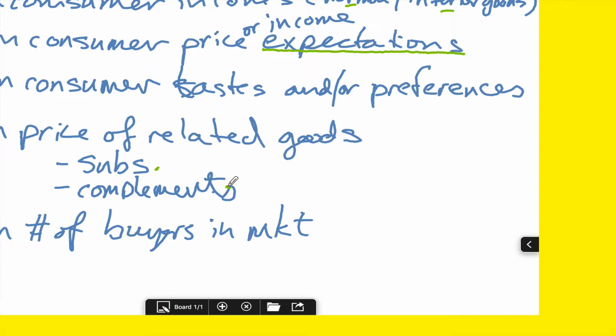If the price of a car dramatically goes up, the demand for the insurance goes down. So if they are complements, your demand for them is inversely related. The relationship between price and demand is inverse if they are complements.